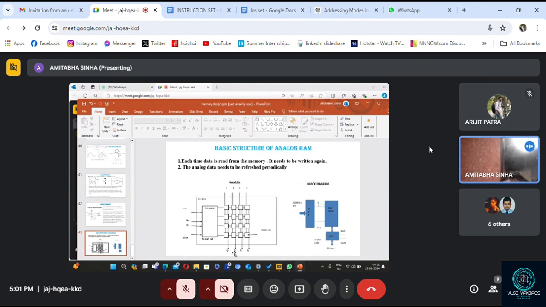So this is the structure of analog memory, but there is a difference from digital memory. Whenever you access data from the RAM, that data is not lost, isn't it?